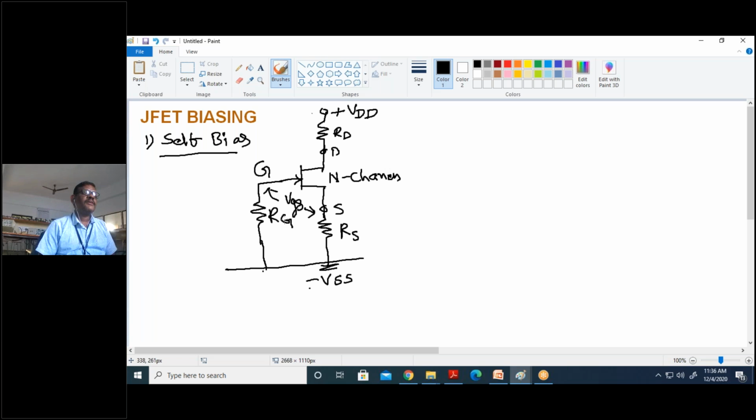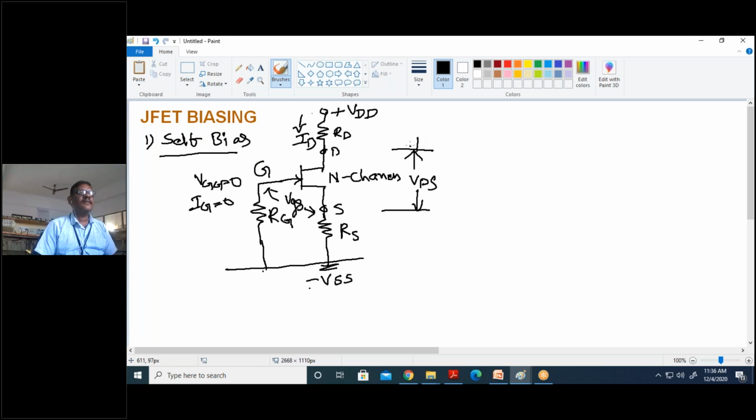Here input IG is equal to 0 current, and VGG is equal to 0 volts, and the flow of current is called ID, nothing but drain current. Drain current flows through the RD, and drain to source voltage is called VDS.